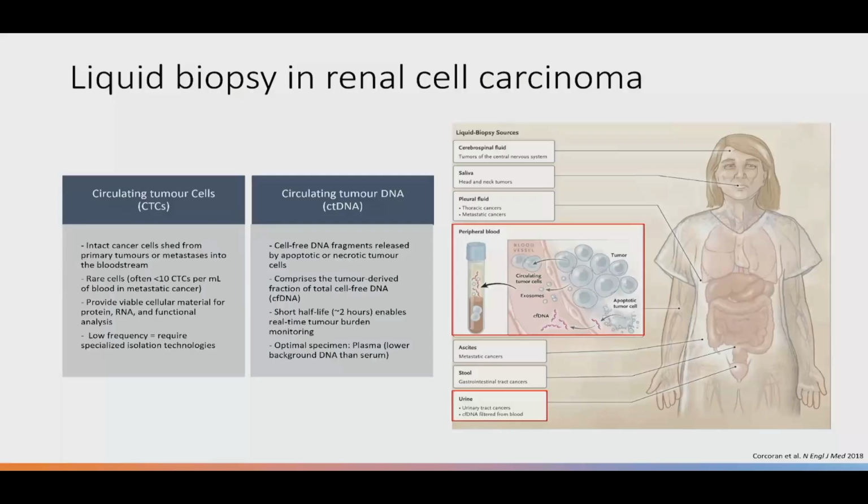But on the other hand, they can provide valuable information on tumor biology. ctDNA, or cell-free DNA, is released from apoptotic or necrotic tumor tissue. It has a very short half-life, about 2 hours, which allows for real-time tumor burden monitoring. The optimal specimen for this is plasma, but in the GU cancers, we've also explored the use of ctDNA from urine.